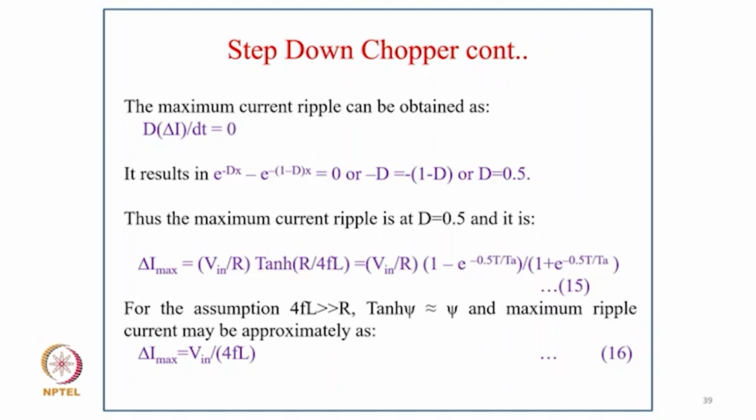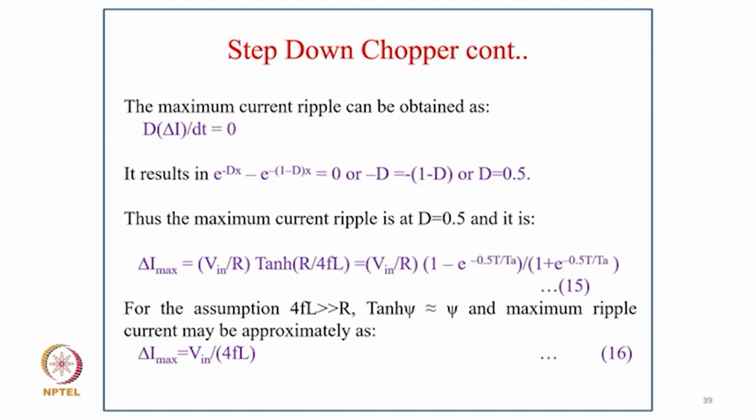So thus the maximum current ripple will be at D equal to 0.5, and delta I max equal to V in upon R into tanh in bracket R upon 4 FL, or that becomes V in upon R in bracket (1 minus e to power minus 0.5 T upon TA) divided by (1 plus e to power minus 0.5 T upon TA).